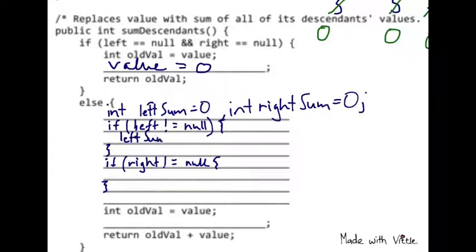And so I'm going to go ahead and implement what I just talked about and say, okay, left sum is going to be left.sumDescendants. So that's a recursive call, and whatever that returns will be what left sum is, its value. And symmetrically, we're going to do that also for right sum.